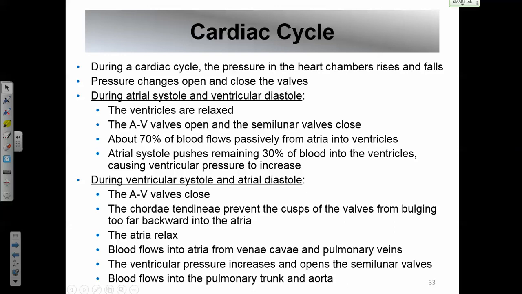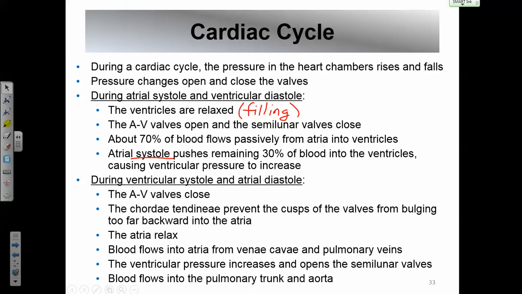During atrial systole and ventricular diastole, which occur at the same time, the ventricles are relaxed, and by relaxed, that means they start filling with blood. Some of that blood moves passively from the atria into the ventricles as they fill, but then the atria actually contract to push the remaining part of it into the ventricles.